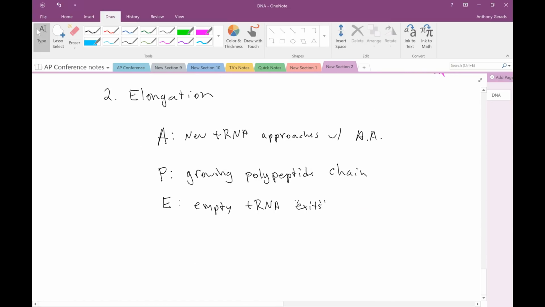It's going to keep doing this over and over, growing and growing, until I reach step 3, termination, when a stop codon is reached and the polypeptide is released.